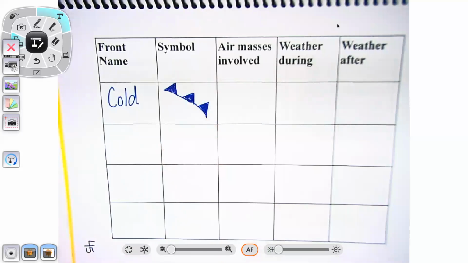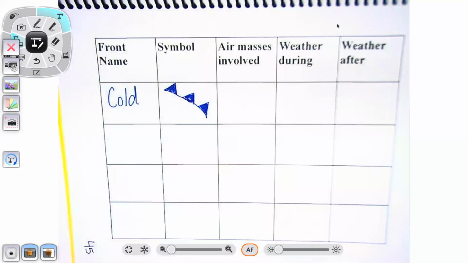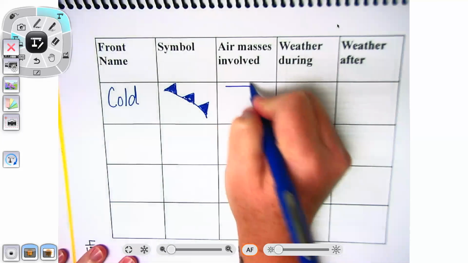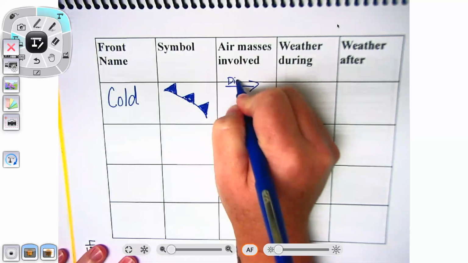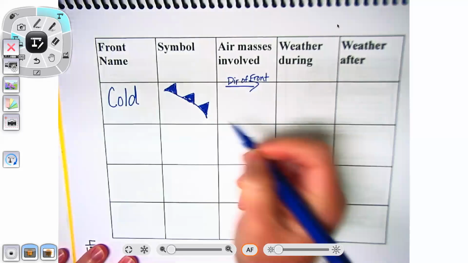Now, when we look at the front, the arrows on the front are pointing in the direction in which the front is moving. So, if the direction of the front is going this way, this is what's going to happen.